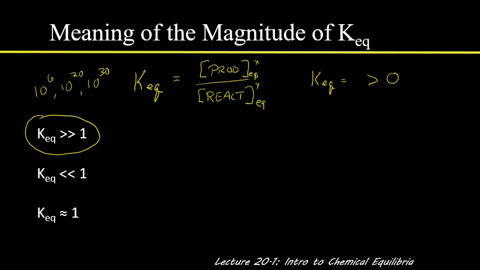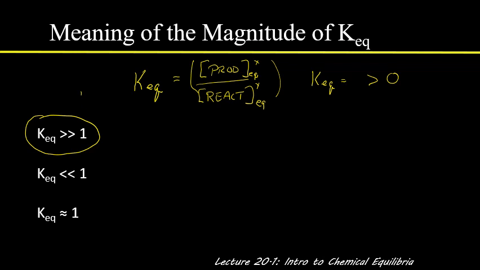When the equilibrium constant is very large, if you look at the definition here, that means the numerator must be very, very much larger than the denominator.